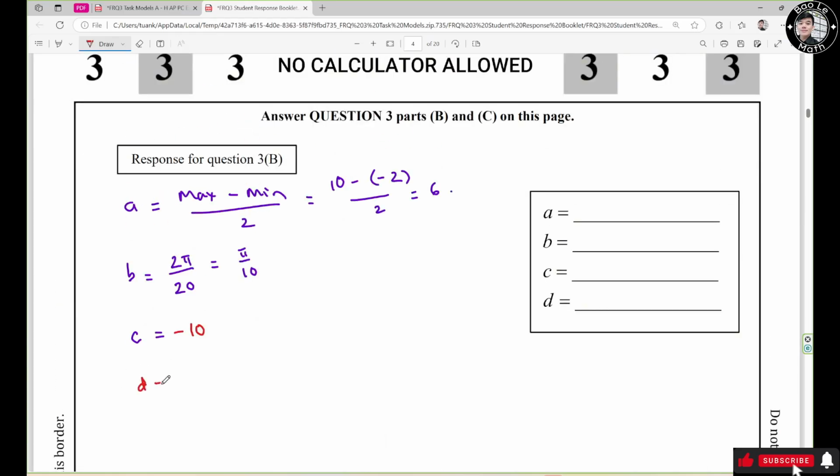Now D equals maximum plus minimum divided by 2. So it's going to be 10 plus negative 2 divided by 2. It's going to be 4. So I'm going to put the answer right here. A equals 6. B equals pi over 10. C equals negative 10. And D equals 4.